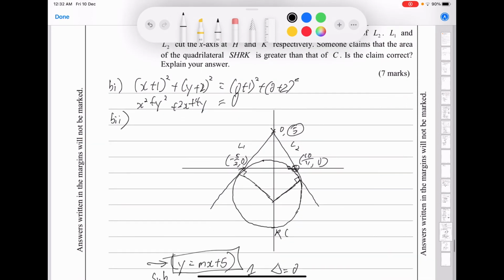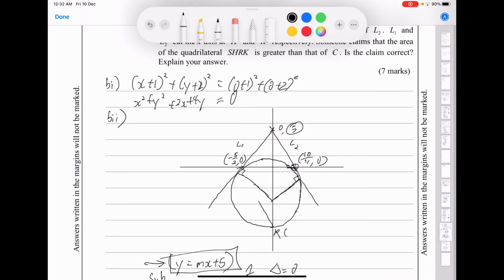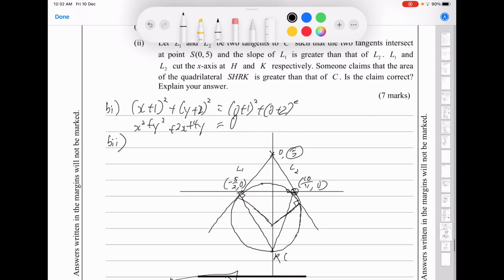So, the work is almost done. Here, we just need to find the area of the quadrilateral. That's all we need to do now. You can see that it is actually two triangles.